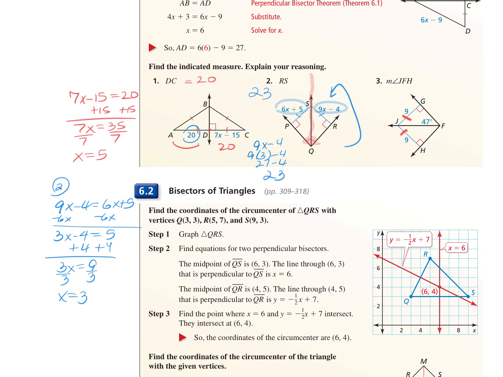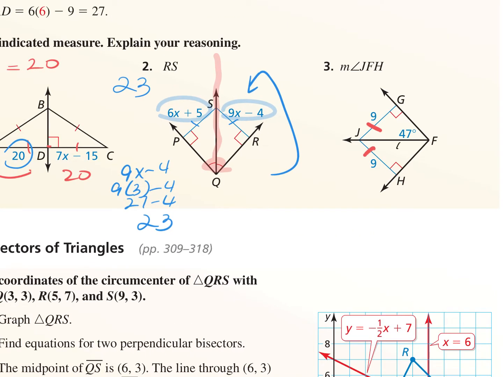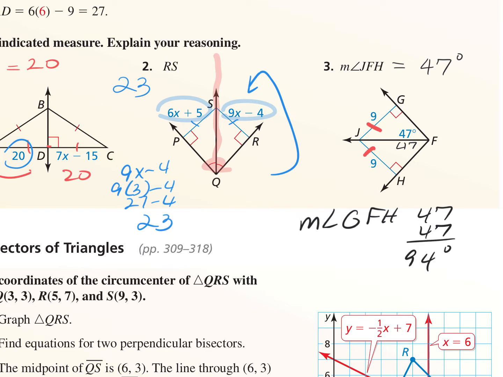So then I know that this side would also be 47, which is what they had asked me to find. So 47 degrees. Now, if they would have asked for the measure of angle GFH, then I would have had to have added 47, 47, and gotten 94.